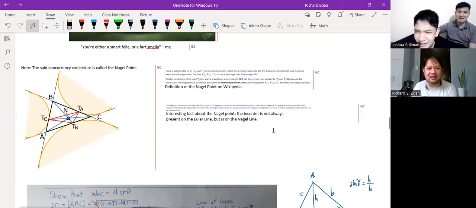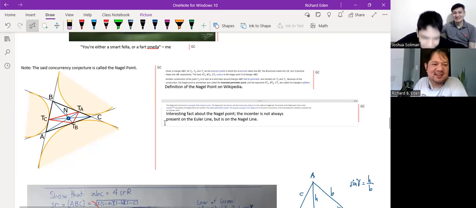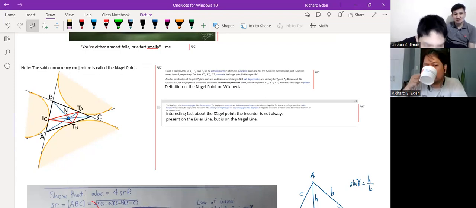It's not just the X circle relationship, but T sub A, T sub B, and T sub C also have a special relationship with the triangle.